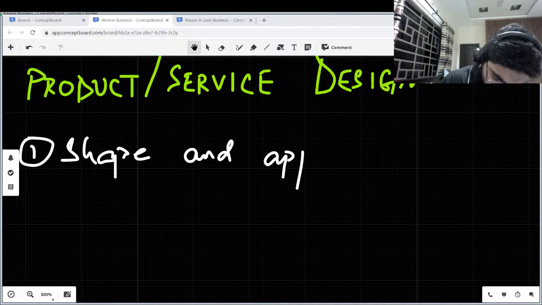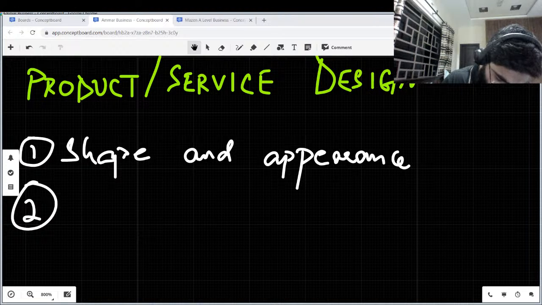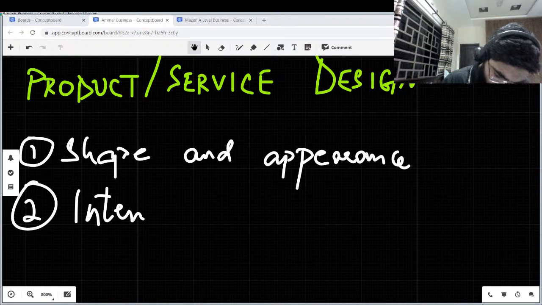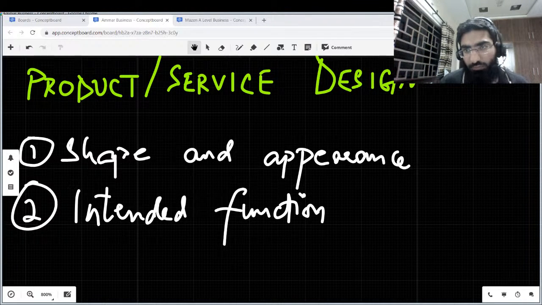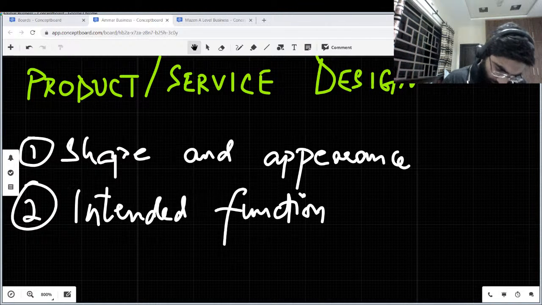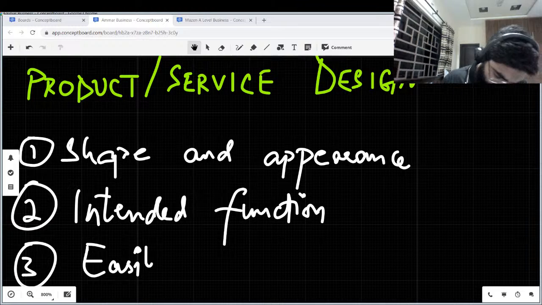What else? Intended function. Ease of production. How easily or how difficult is it to produce this thing, to manufacture this thing?